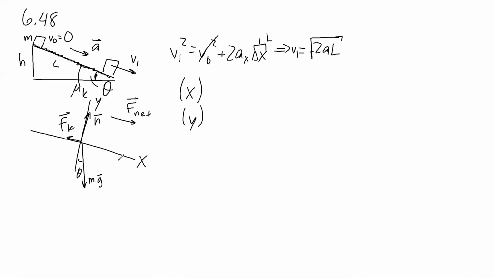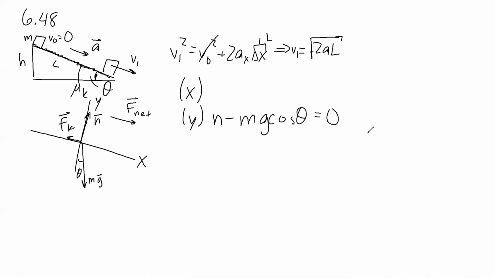You're going to get instead something like, use H and L. Well, we'll cross that bridge when we get there. Let's sum the forces for now. So in the x direction, what have we got? Well, typically the y direction is easier to work with. In the y direction, we've got normal force minus mg cosine theta equals 0.